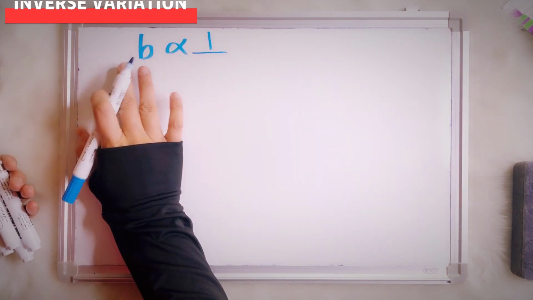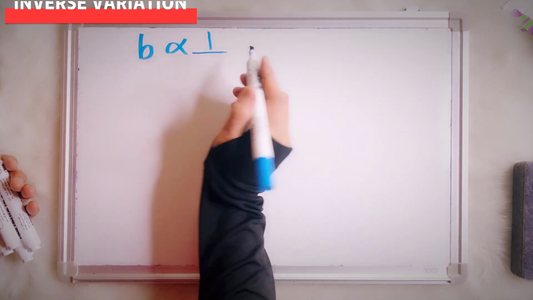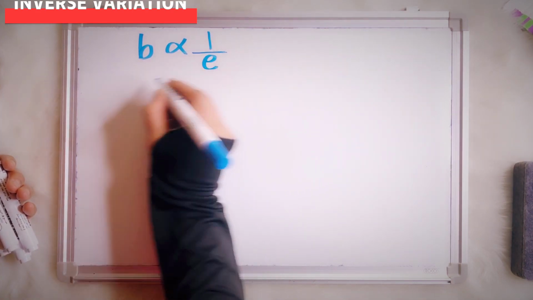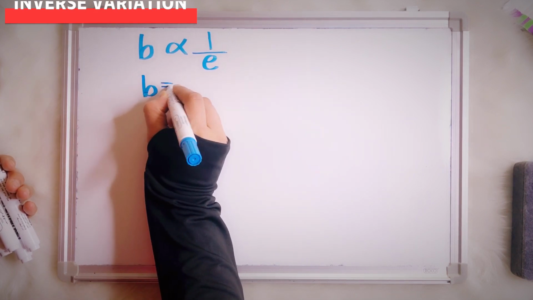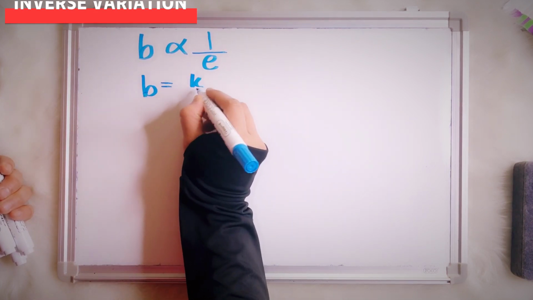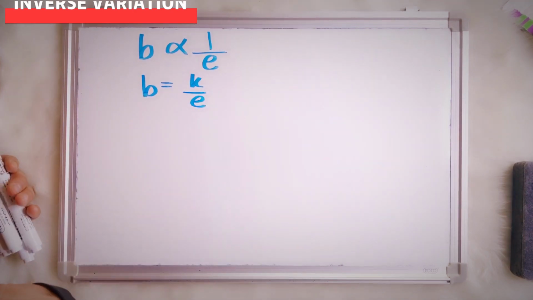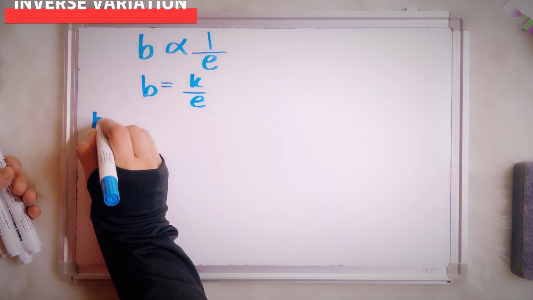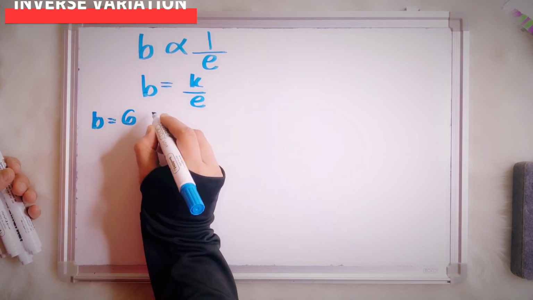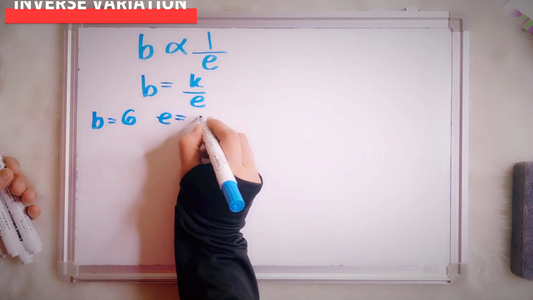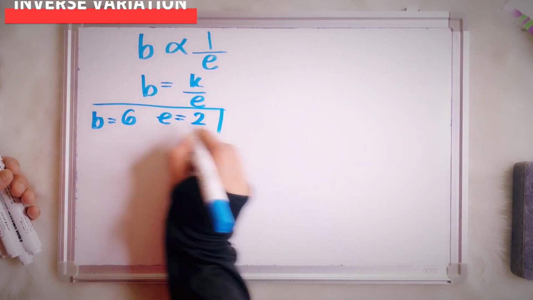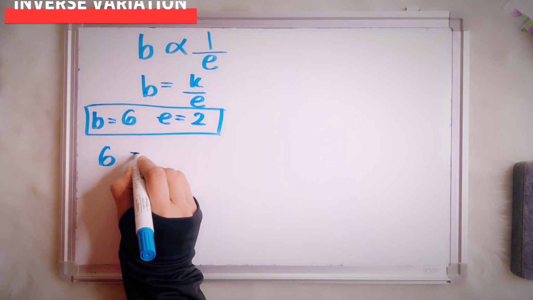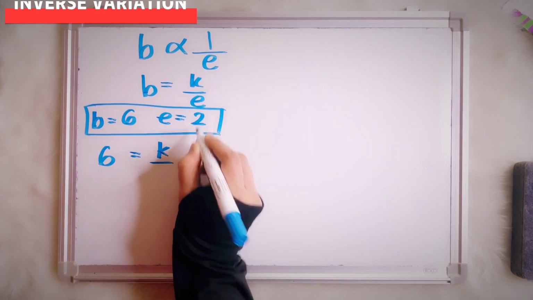So now B is equal to K over E. Now you have the value for B equals 6 and your E is equal to 2. So B is 6, equals K over 2.